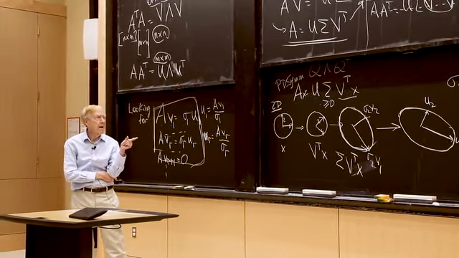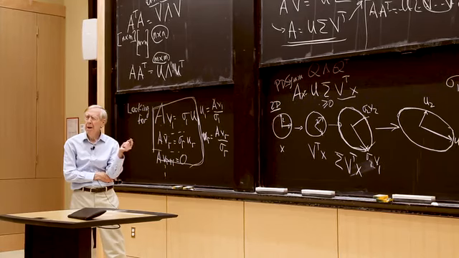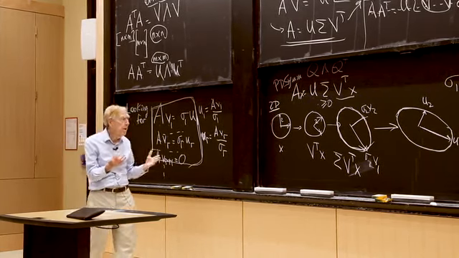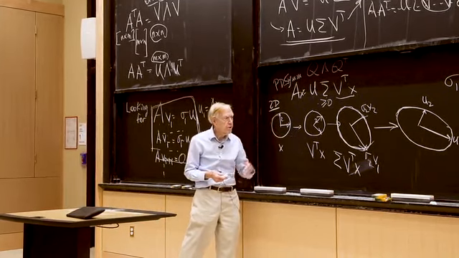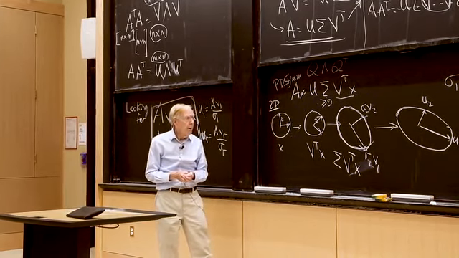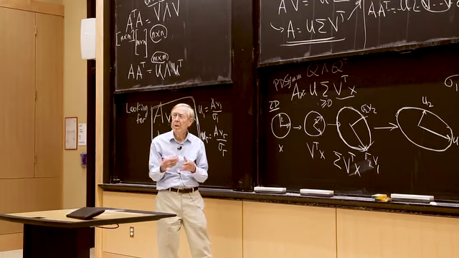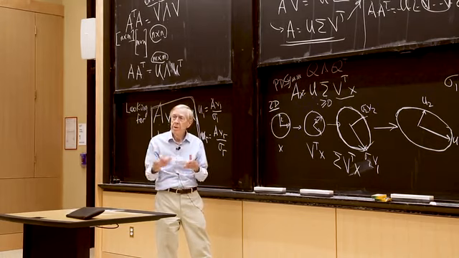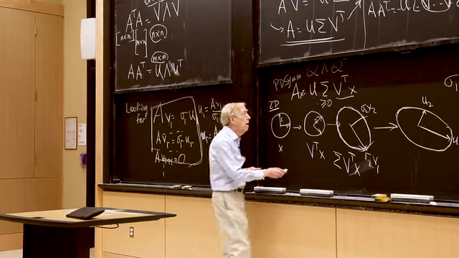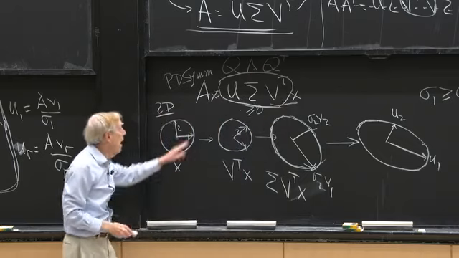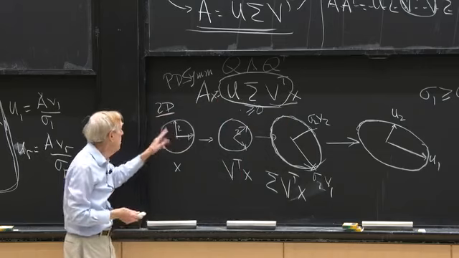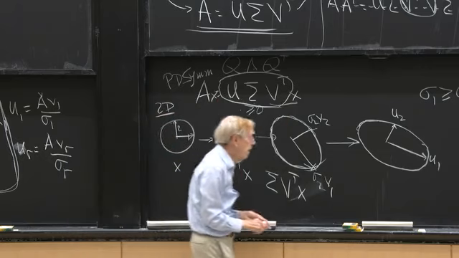Now, I think of one question here that helps me anyway to keep this figure straight. How I want to count the parameters in this factorization. So I'm 2 by 2.